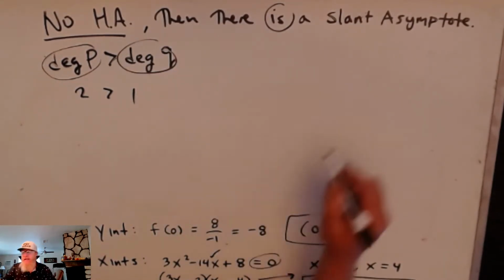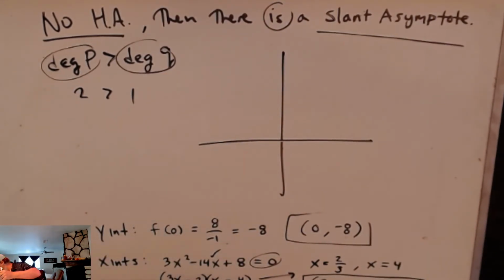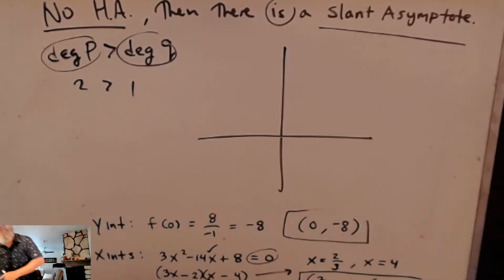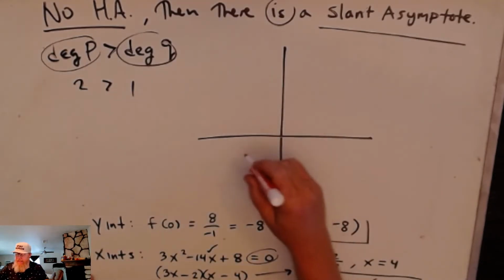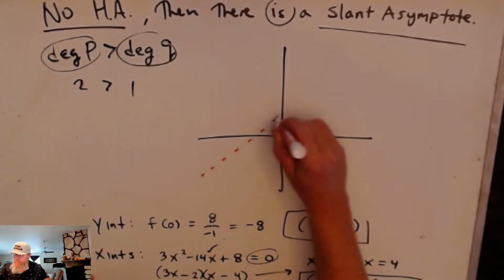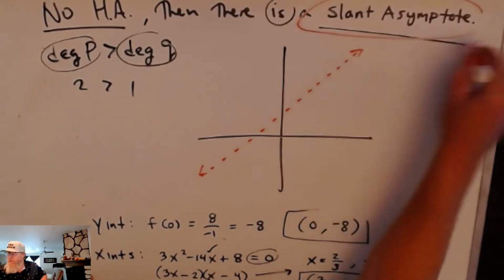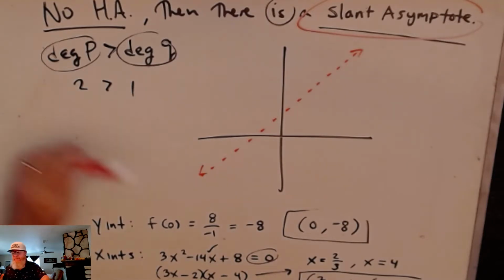All right. There's what's called a slant asymptote, which it kind of looks like this. Where's my red pen? Now, again, I'm just making this up, but we'll do an actual example in a minute. But this is what a slant asymptote looks like. It's sometimes called an oblique asymptote.